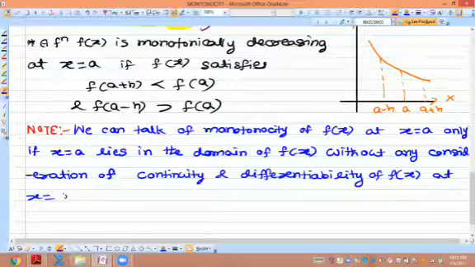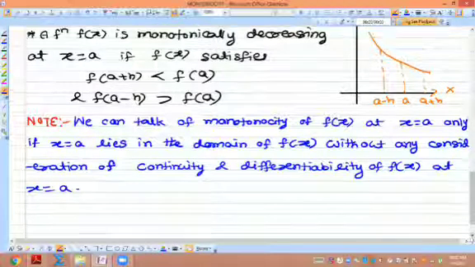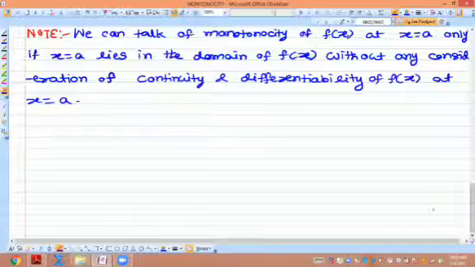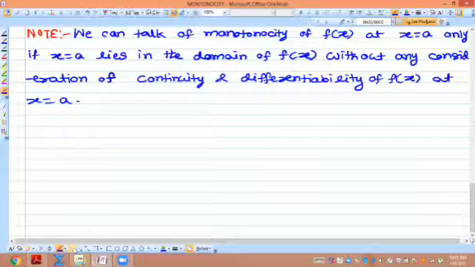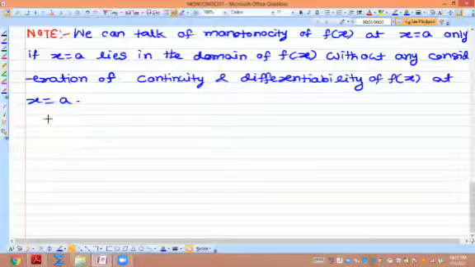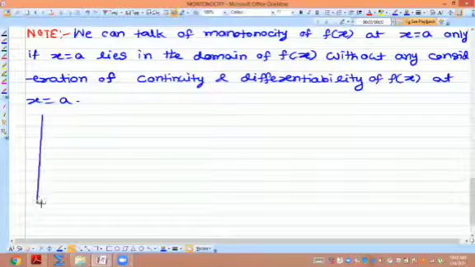If the function is not continuous or not differentiable, still we can talk about monotonicity of the function. How? Okay, first all of you write down, then I will tell you all possible graphs for that.